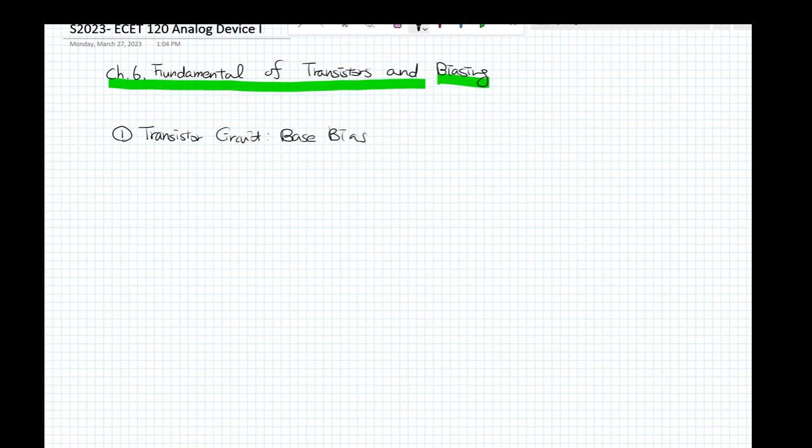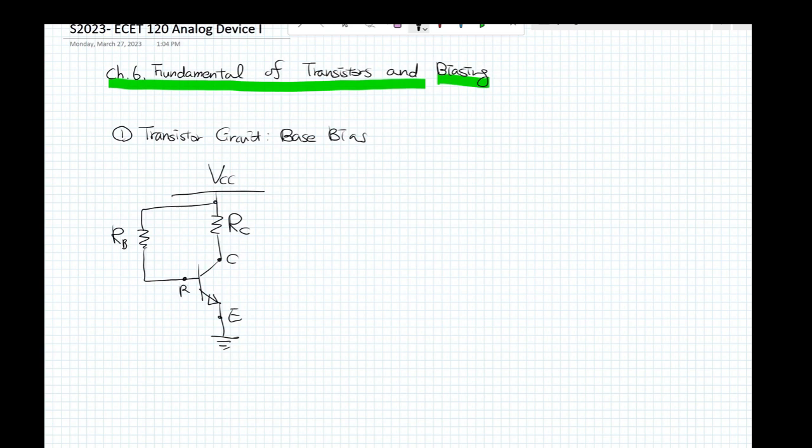Usually there is a resistor for the collector, this is the collector, and that was the emitter, that was the ground, and a resistor for the base, R sub B here, that part is the bias.